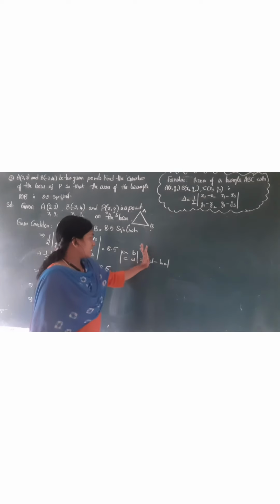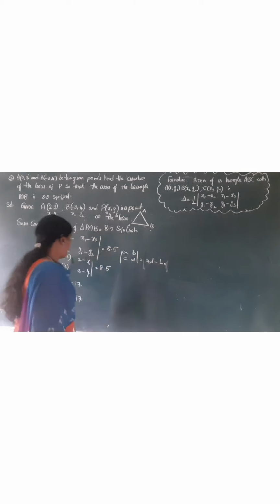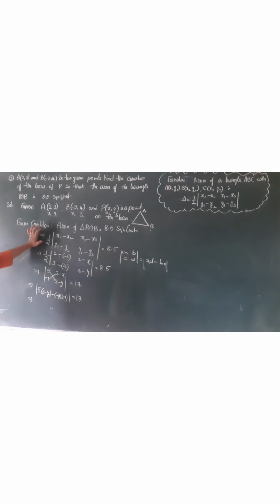And why am I taking modulus here? Actually, the determinant gives us a direct value, but area is always positive. If you get a negative value also, we have to take the positive value. That's why I am keeping the modulus.